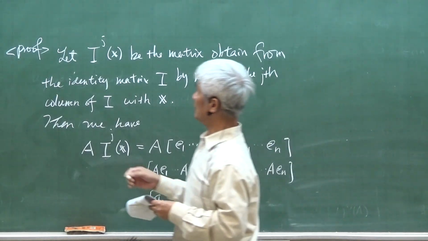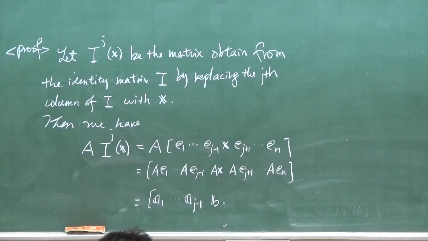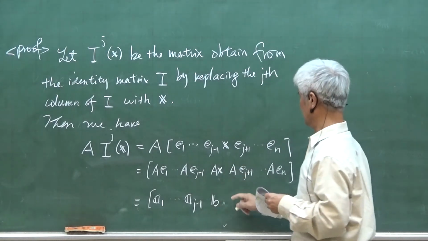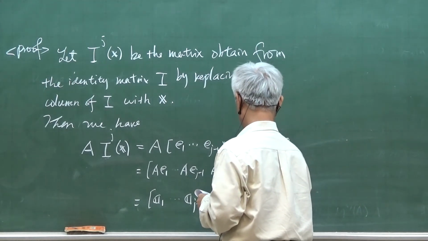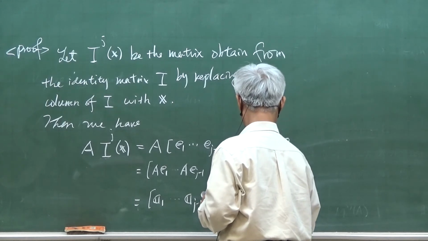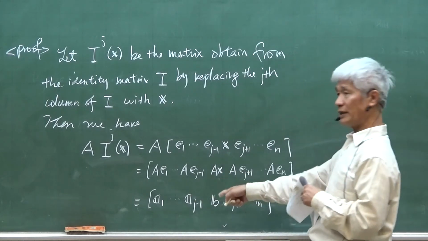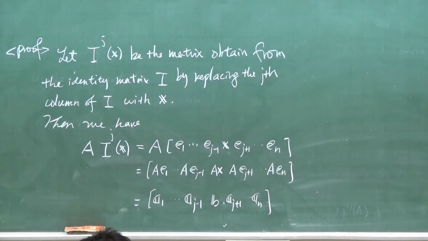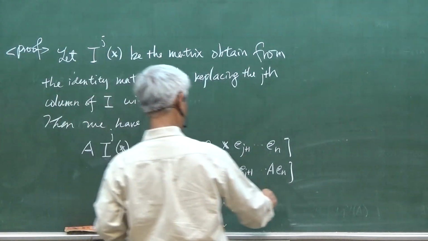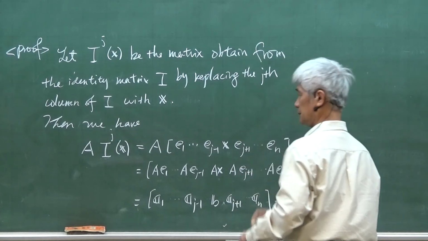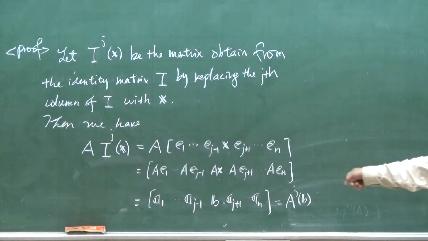So A is invertible; make sure that this is consistent. So x is a solution, and A e_j is the jth column, and so on up to A e_n. This is exactly our definition of A_j(b).